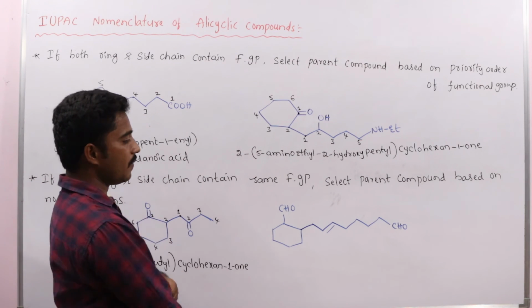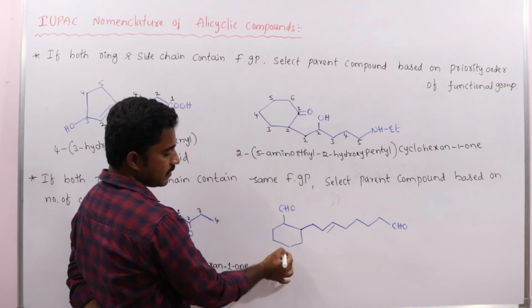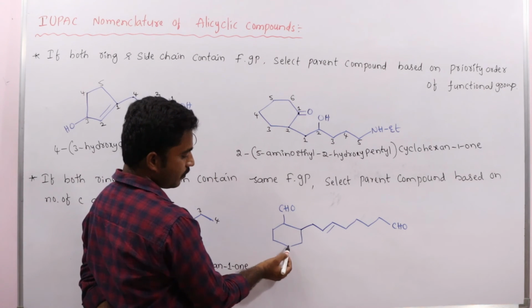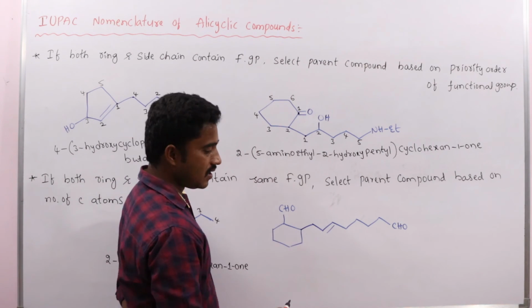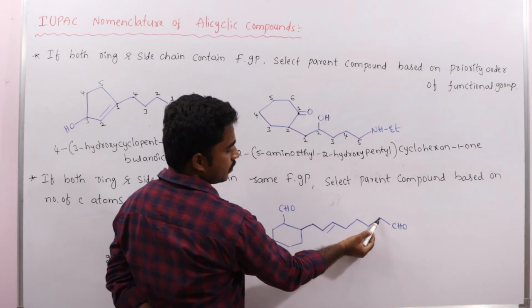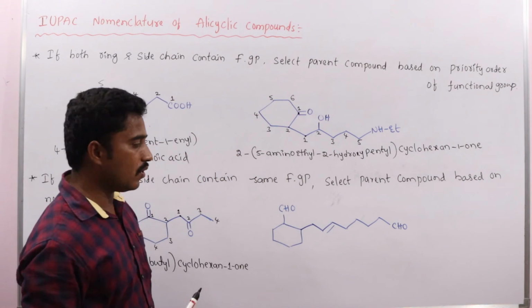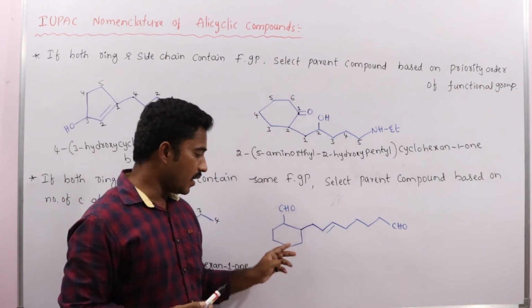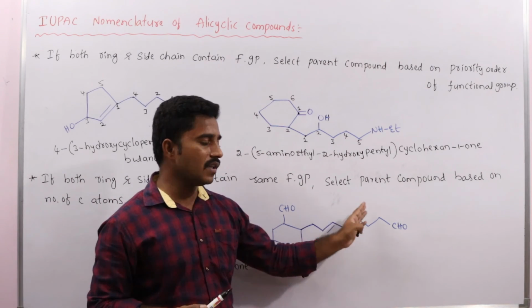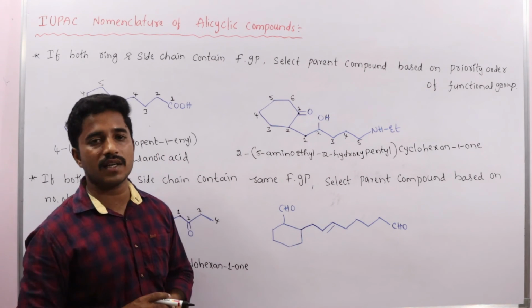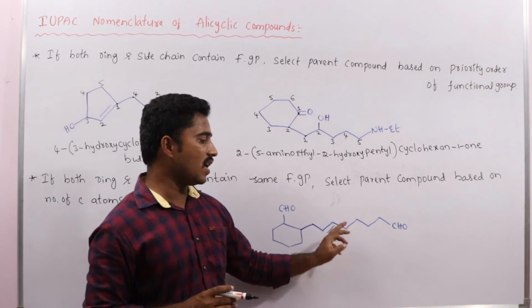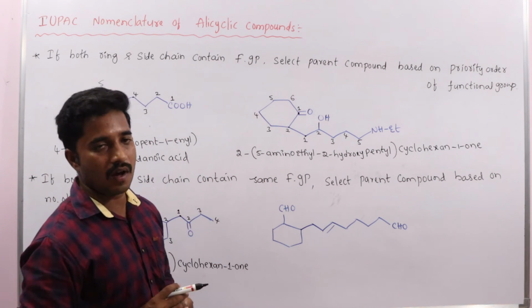So let us see here. This ring contains 6 carbons, 1, 2, 3, 4, 5, 6, and the side chain contains 1, 2, 3, 4, 5, 6, 7, 8 carbons. Both have the same functional group. Ring with 6 carbons and side chain with 8 carbons. Then which one do we select as the parent compound? The side chain we have to select as the parent compound.